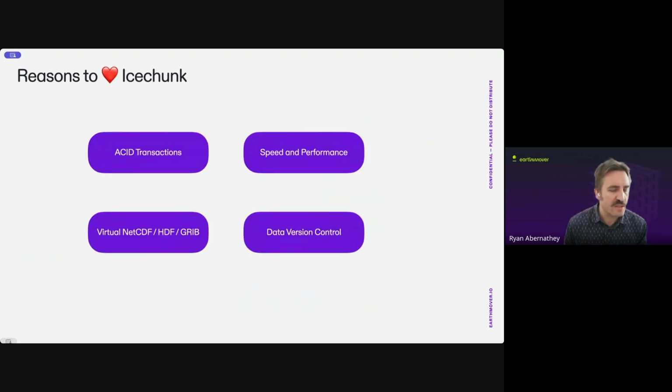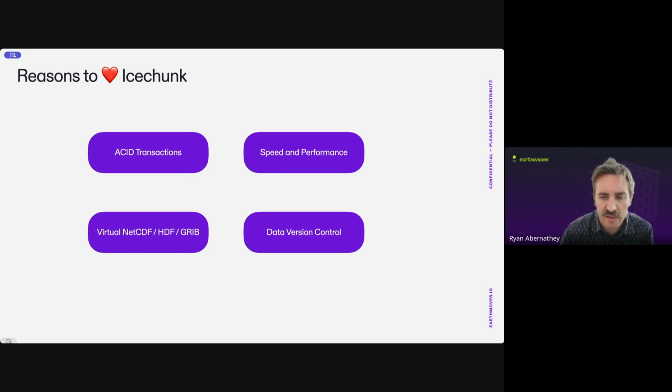So there's a lot of reasons to love Icechunk as a user. I've talked about ACID transactions. Icechunk has incredible speed and performance compared to the vanilla Python stack. There's this ability to virtualize over existing netCDF, HDF, and GRIB files.